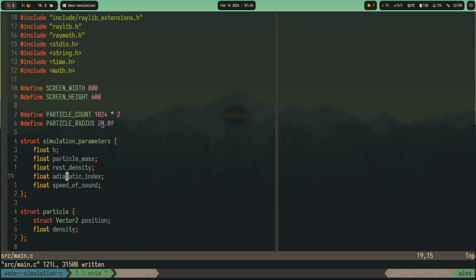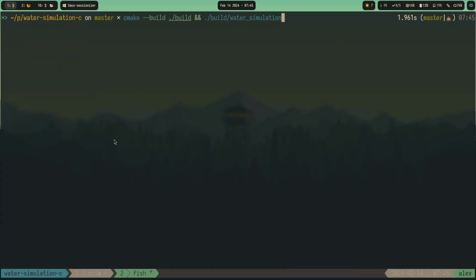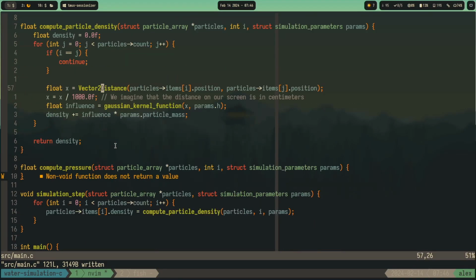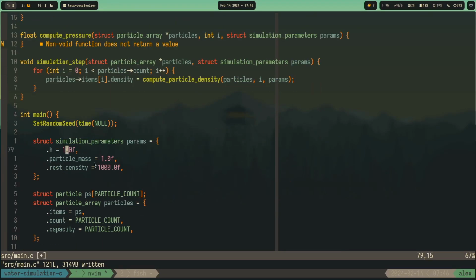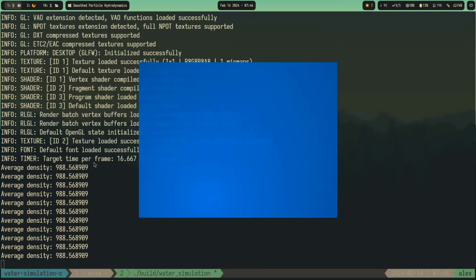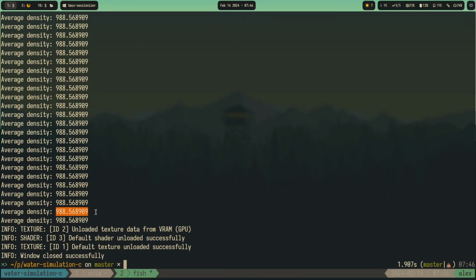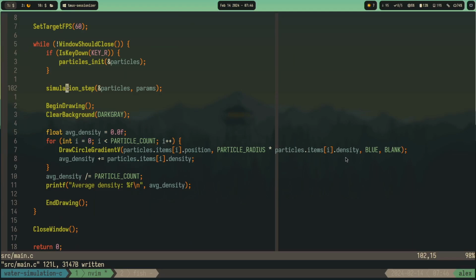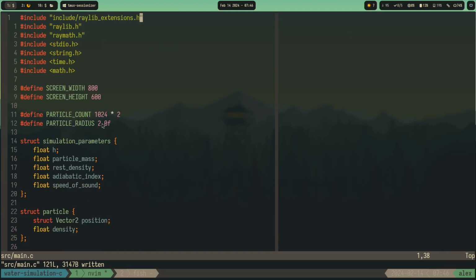Okay, and now we can make the particles small again. Okay. And if we let h to be 1, it's almost 1000, so it's perfect. So let's make the particle radius really small, like 0.002f or something.